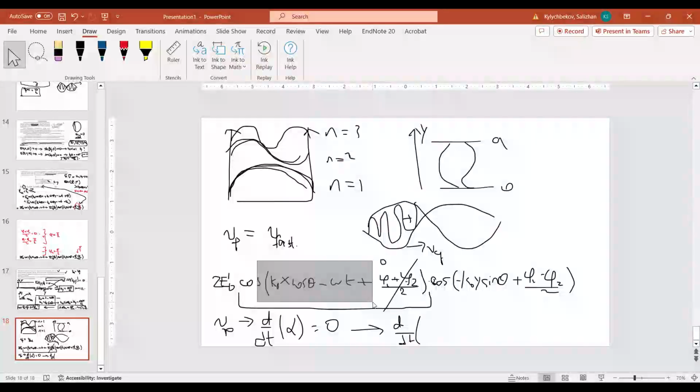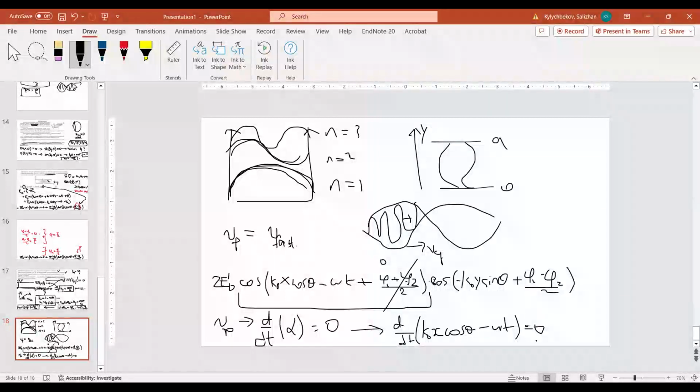Okay, sorry. k0 x cosine theta minus omega t is equal to 0. dx/dt is VP.